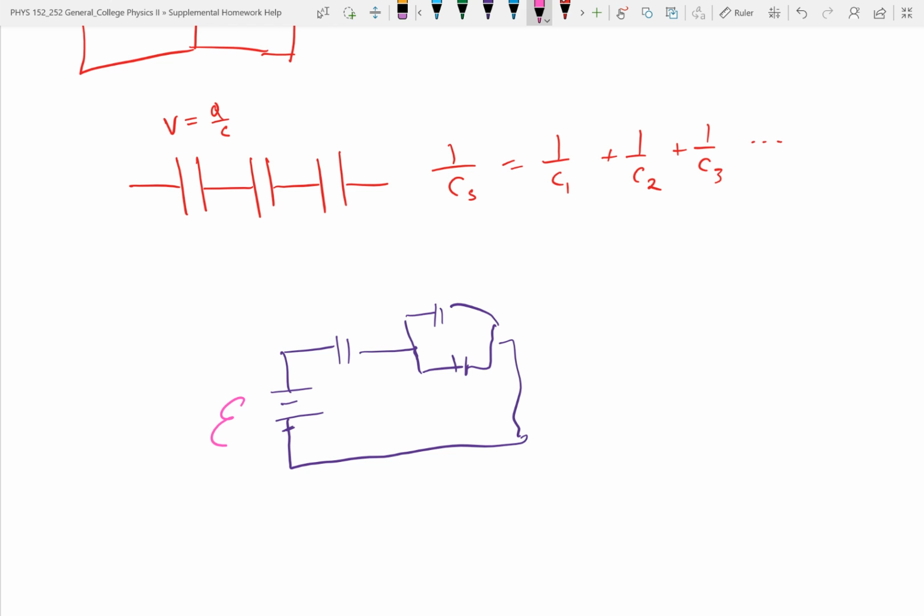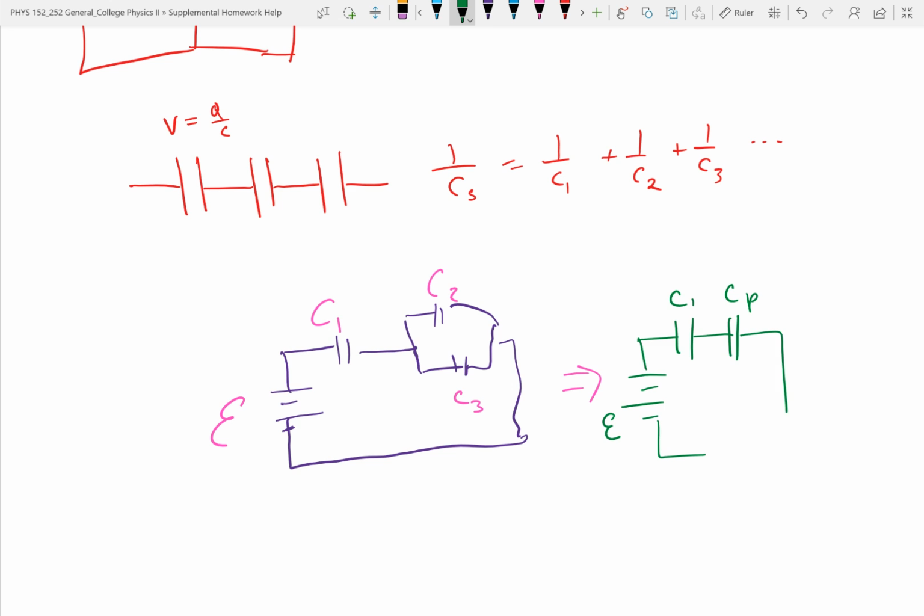So we have this, and we want to find out what the equivalent capacitance is. We start with these in parallel. How do I know I start with that? Because this is not in series with either one of these. It's in series with that combination, so I have to do that combination first. So this circuit becomes an equivalent circuit where CP, because they're in parallel, is equal to C2 plus C3.